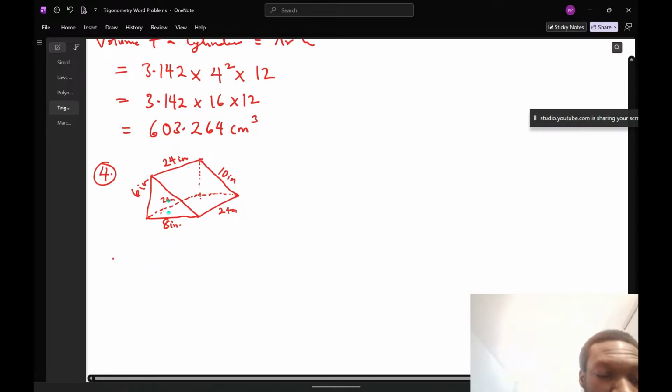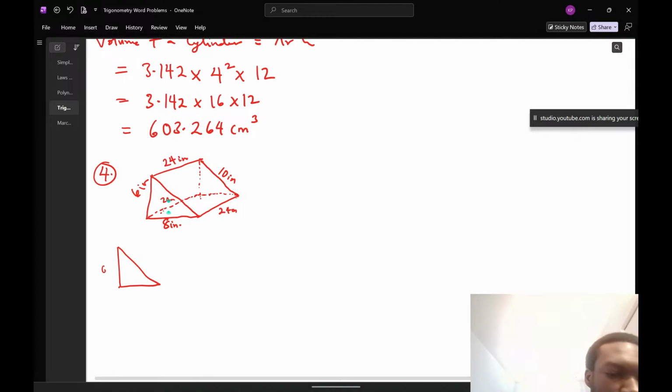We have a right angle triangle here, which has a height of 6 inches and a base of 8 inches. We also have another right angle triangle on the other side of the shape, which is 6 inches and 8 inches. Because they are directly related to each other, they will definitely be the same length on both the height and the base, right?